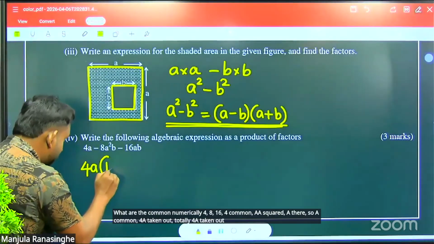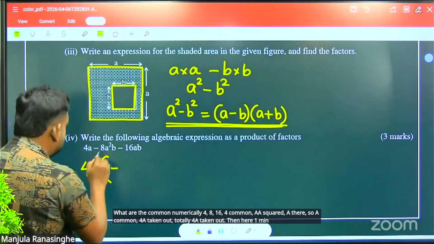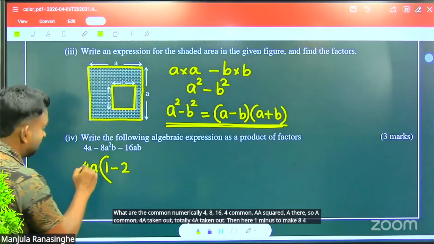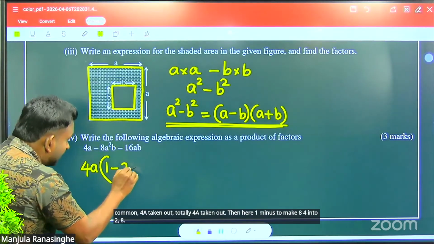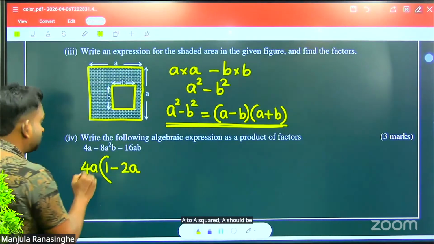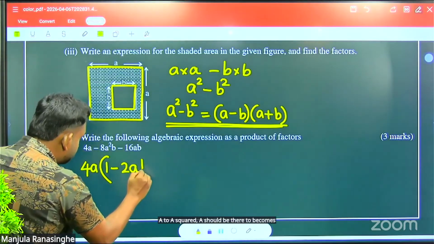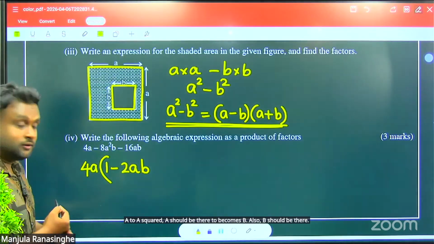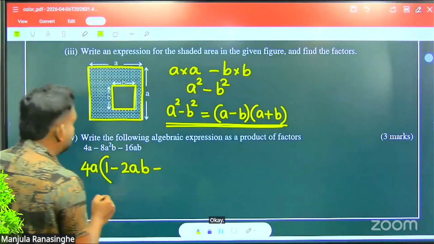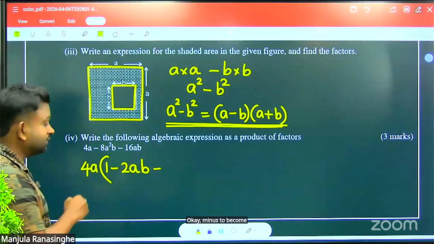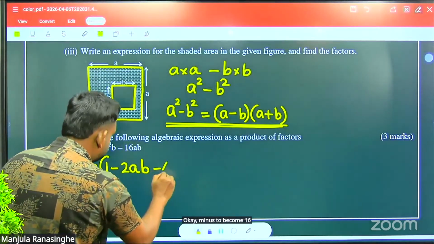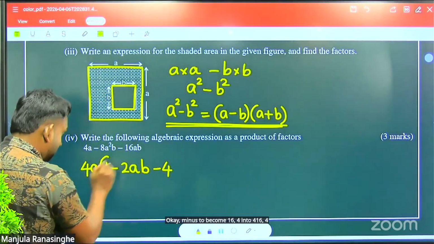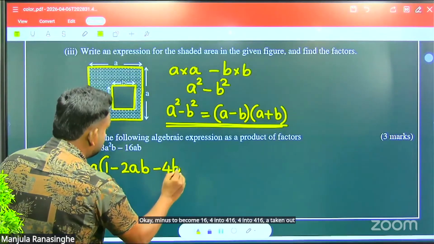Then here 1; to make 8, 4 into 2; A to A squared, A should be there; to become B, B should be there; to make 16, 4 into 4, with A taken out and B here.